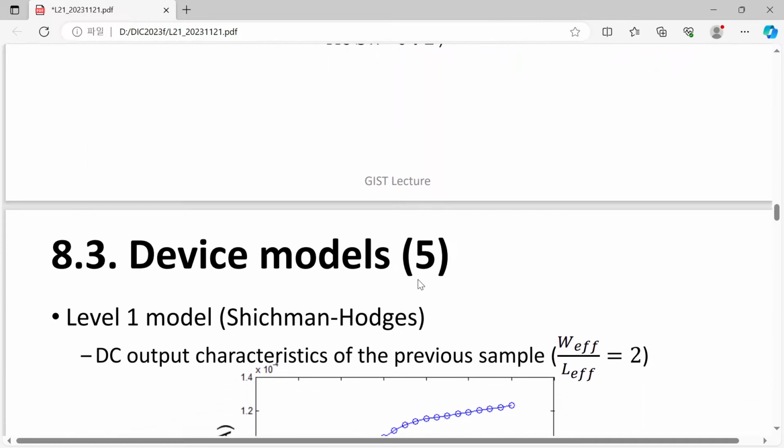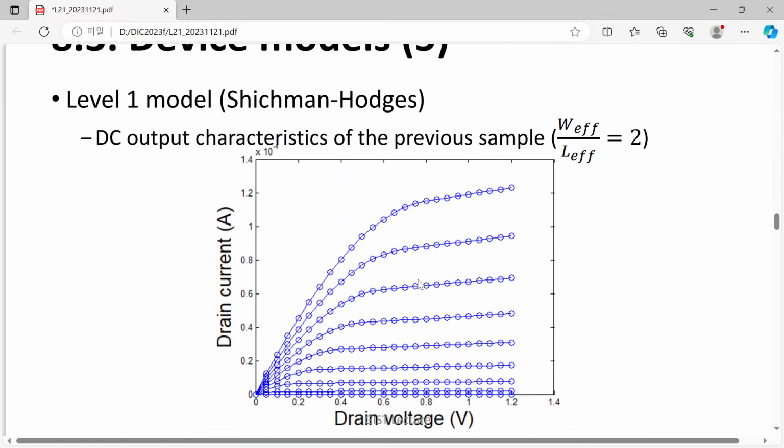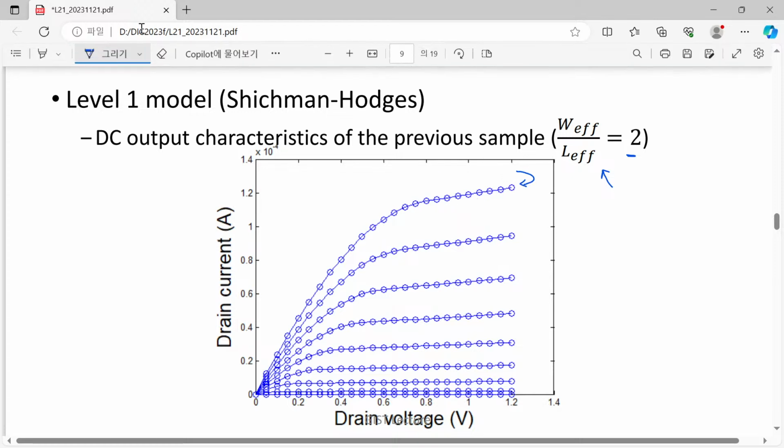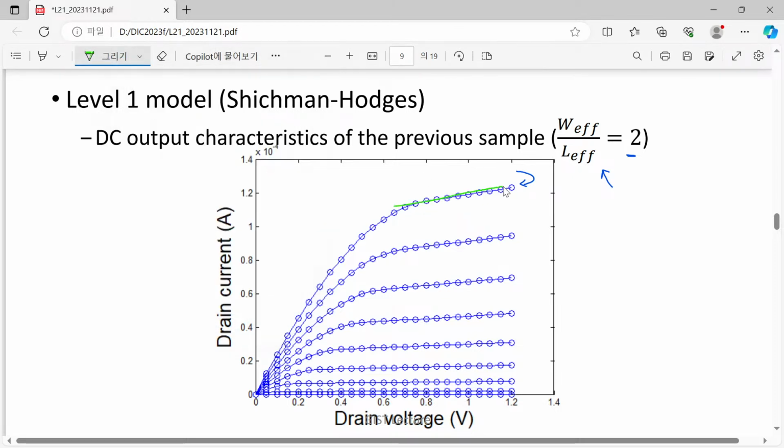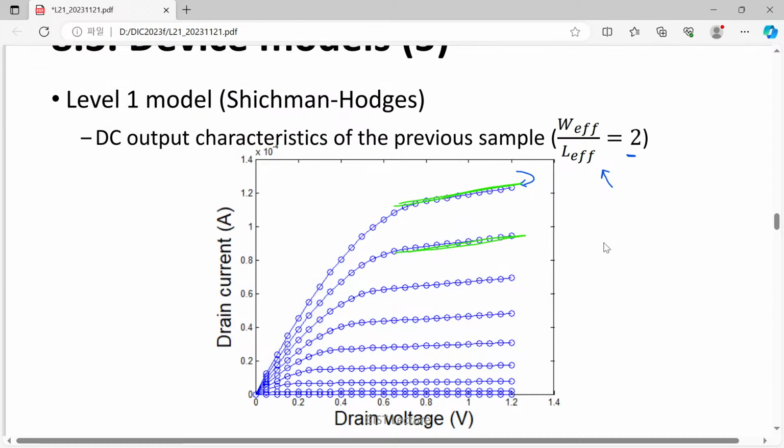Yes, so if we go to the DC IV characteristics, you can see it in this way. I intentionally took the ratio of width to length as 2, the minimum sized one, and drain current as a function of drain voltage is shown here. So compared with the previous one, we can observe that there is a finite output resistance originated from our lambda value.